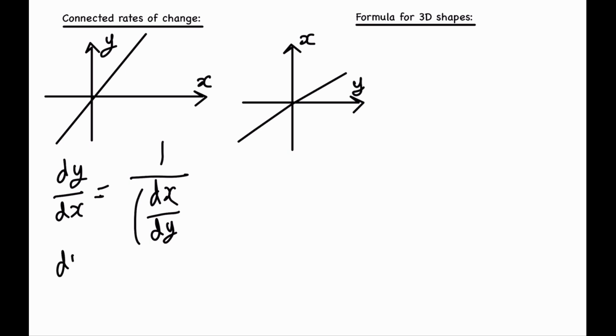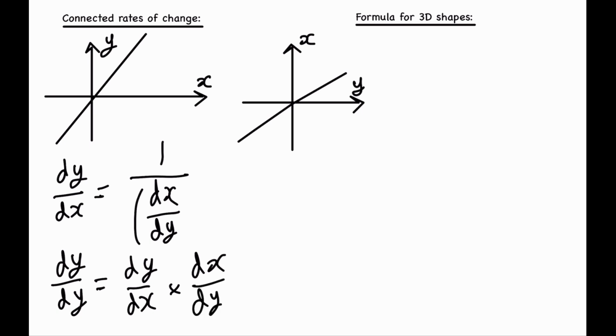So dy over dy is equal to dy over dx times dx over dy. dy over dy would just be 1, so 1 is equal to dy over dx times dx over dy, because the dx will cancel out and leave dy over dy.